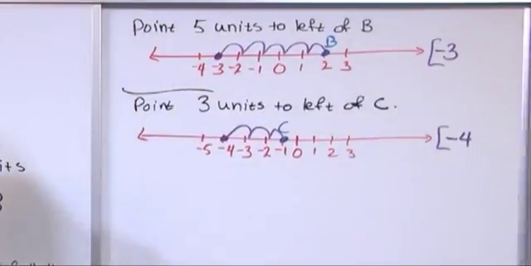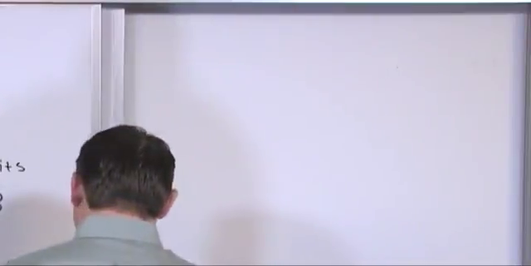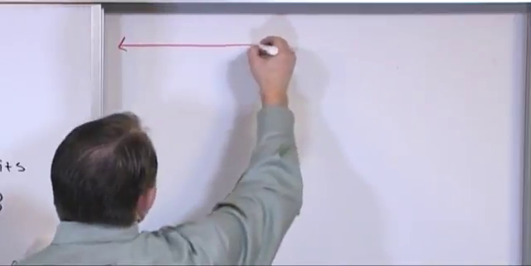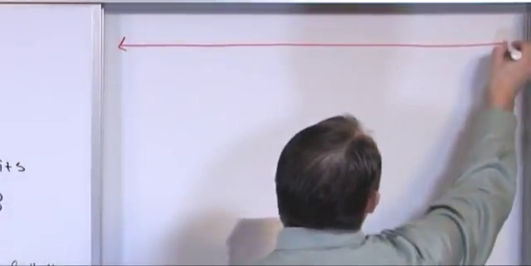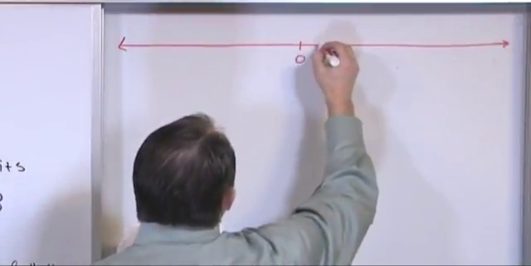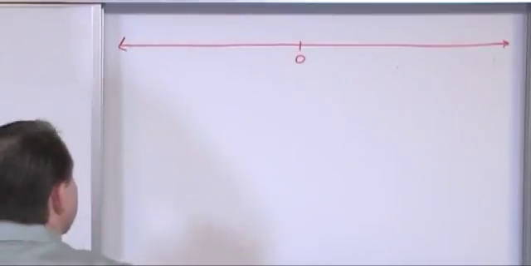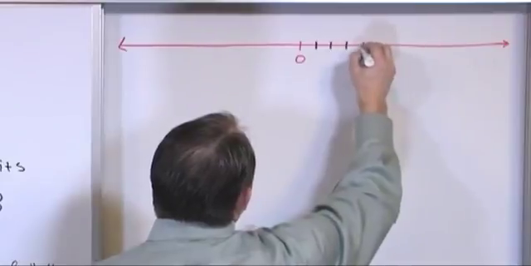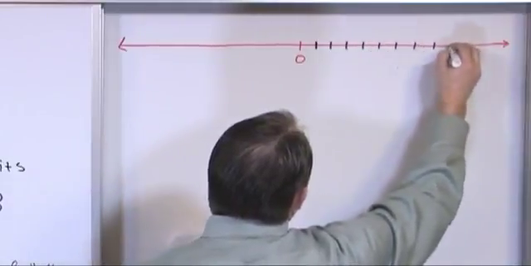Let's do one more type of problem, just to give you a little more practice. Let me draw first a very long number line. I'm going to start way over here, and I'm going to go all the way across, straight as I can, which I know is not very straight. And this is 0. Let's write them in black. So we have 1, 2, 3, 4, 5, 6, 7, 8, 9, 10.